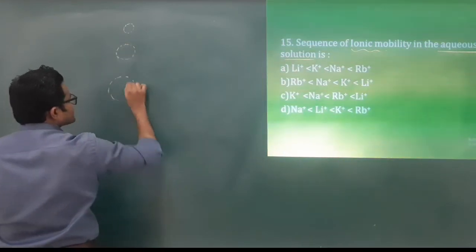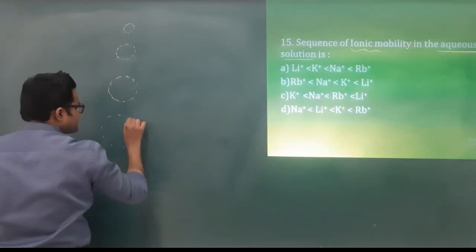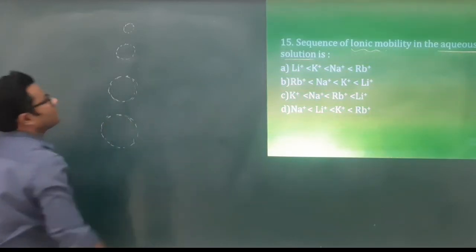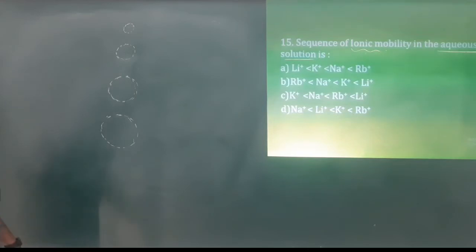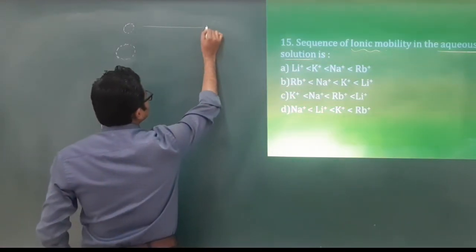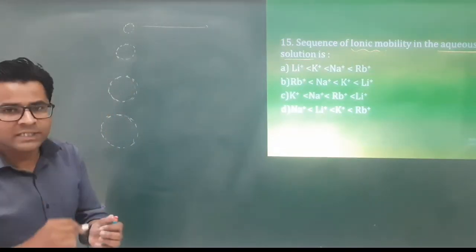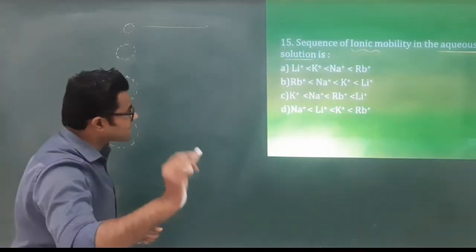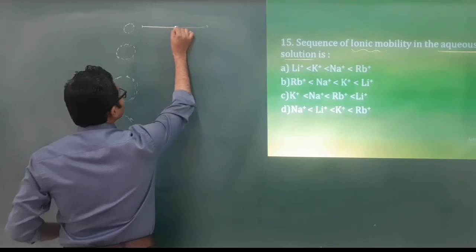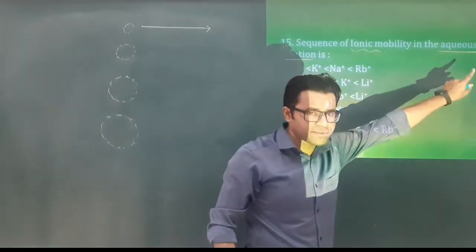I am taking different sizes of ions just to make the explanation easier. Ionic mobility is nothing more than how well the ion can move through a given solvent, and the solvent over here is an aqueous medium.